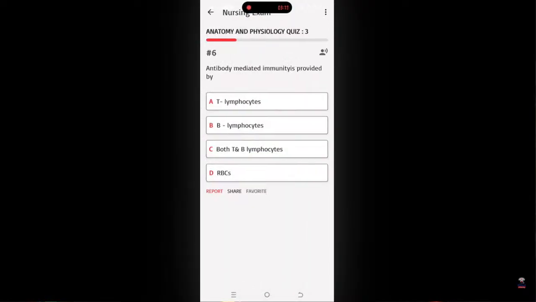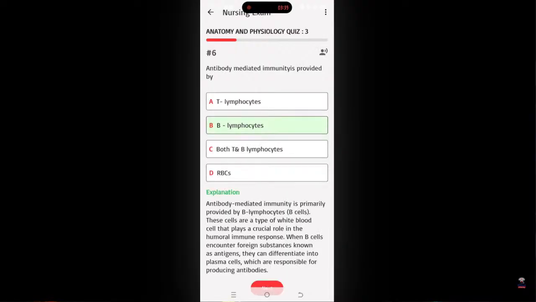Antibody-mediated immunity is provided by A. T lymphocytes. B. B lymphocytes. C. Both T and B lymphocytes. D. RBCs. Correct answer.